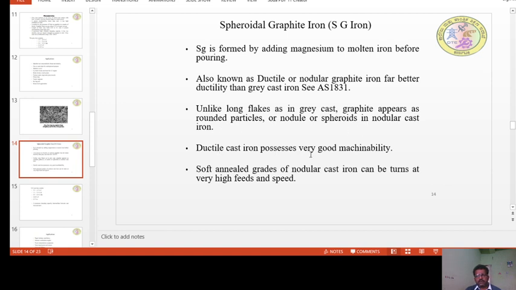Ductile cast iron possesses very good machinability. The soft annealed grades of nodular cast iron can be turned at very high speed and very high feed rate. So these are the parameters of machining, that you can say the cutting speed and the feed can be very high.